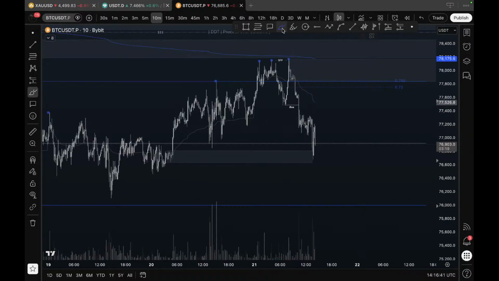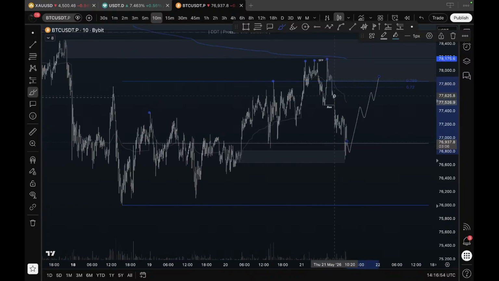The only setup I can find is that we need to get back into premium. We have some fair value gaps right here or single prints. We have the VWAP confluence, and that supply. And then you are back in extreme premium of your range. That's a level where you want to short. You don't want to short your mid-range. That's just a no-trade zone.